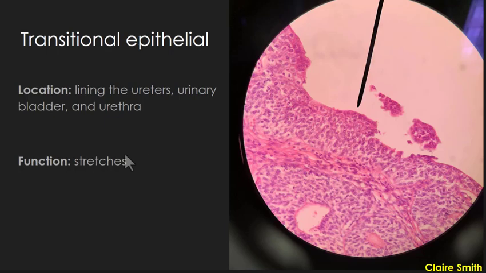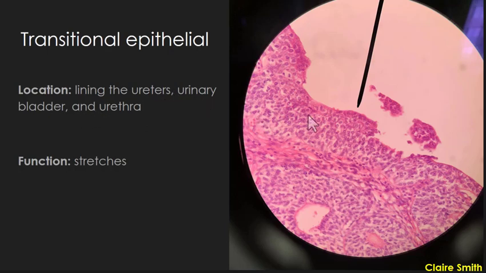Okay, so the function of transitional, like I said earlier, is to stretch, which is why it doesn't always look the same. Sometimes it looks cuboidal, and when it stretches out, it's going to be flatter, more squamous looking. And this is going to be lining places where stretching is important. So the ureters, urinary bladder, and urethra.